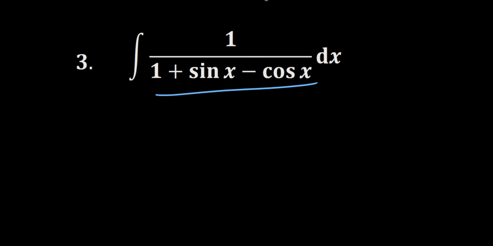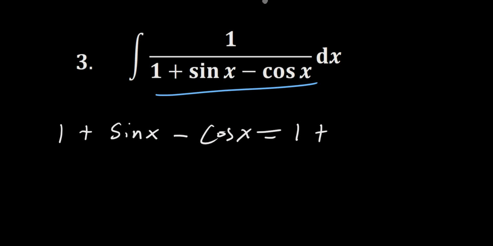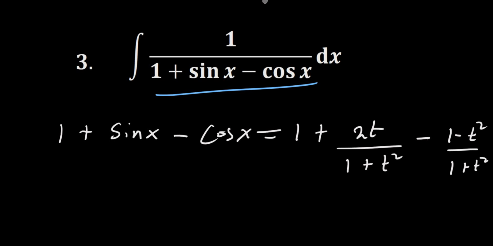And this would be 1 plus sine x minus cos x, and this will be equal to 1 plus sine x is 2t over 1 plus t squared minus cos x is 1 minus t squared over 1 plus t squared.